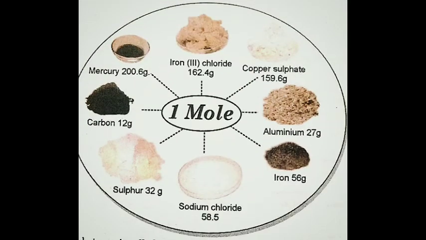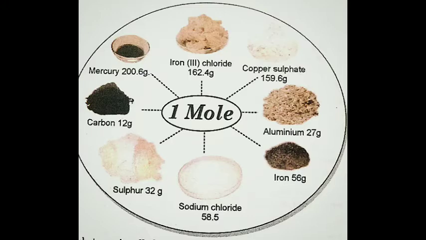So in this picture you can see how different elements or molecules form 1 mole. For example, for iron trichloride 162.4 grams make 1 mole. For copper sulfate 159.6 grams makes 1 mole.